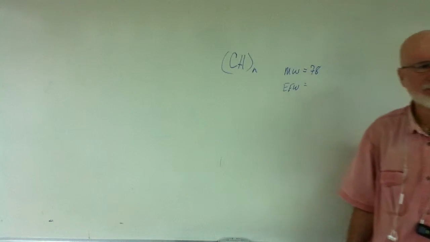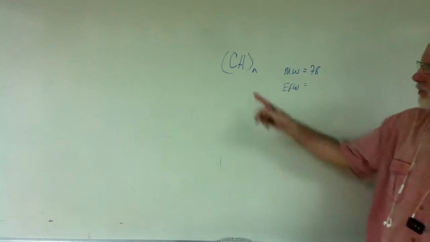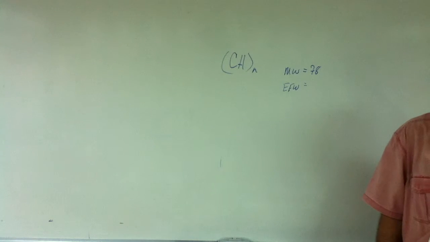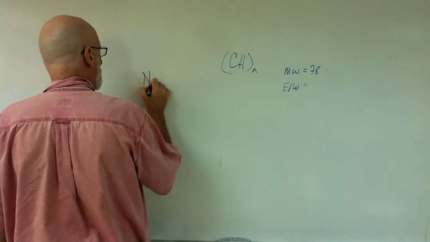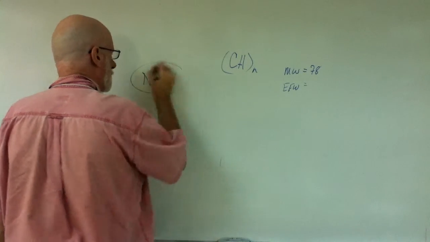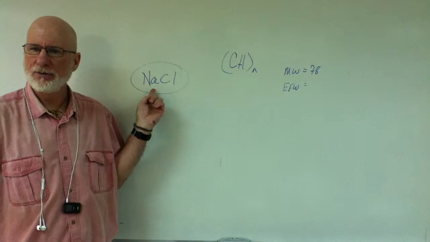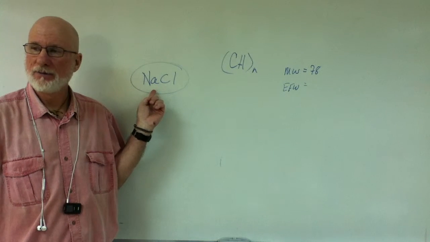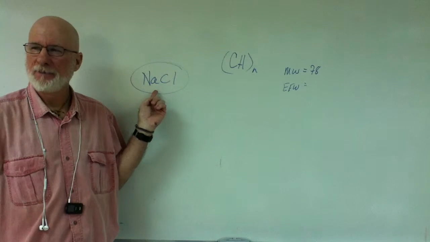What is the empirical formula weight? The weight of the empirical formula. Okay. It's a formula weight. Is that a molecule? No, it's not a molecule. Molecule's covalent bonding. I said that, right?